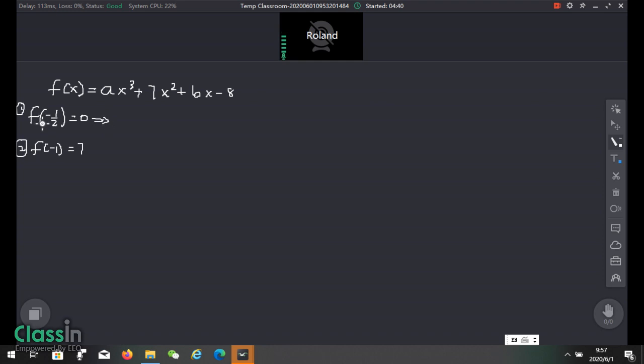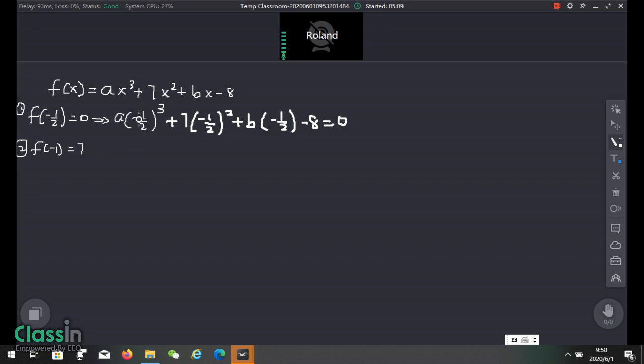If we come to the first one, f of negative half, it means x is negative half. So a, in place of x, we have negative half to the power 3, plus 7, x is negative half to the power 2, plus b, x is negative half, minus 8, and this must be 0.